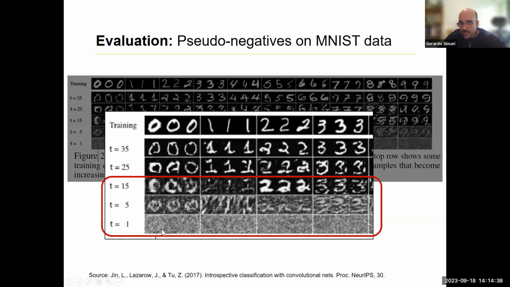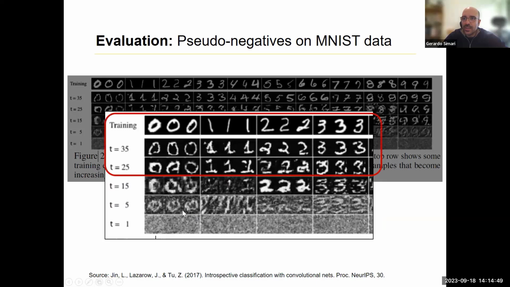You can see a little bit of the texture of the zeros, but as it progresses, it gets iteratively closer to zeros. But what's interesting is after 35 training iterations, remember that these samples are the pseudo-negatives. So they're trying to see what looks like a zero but really isn't.